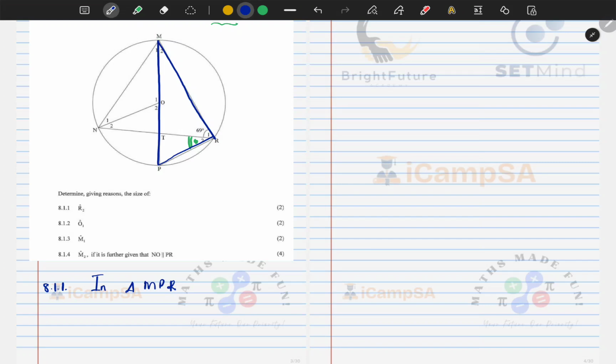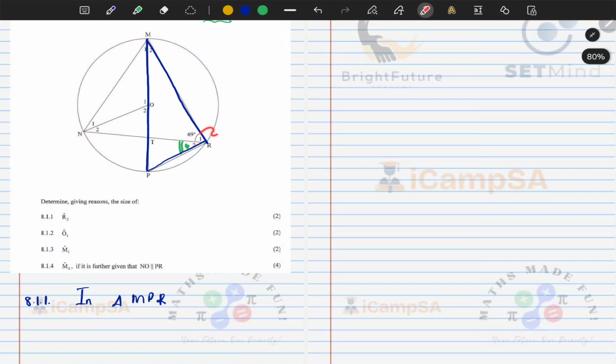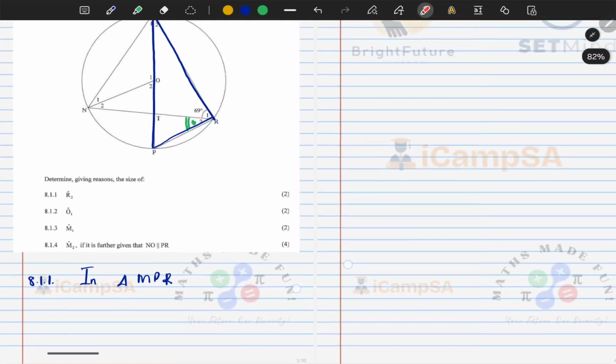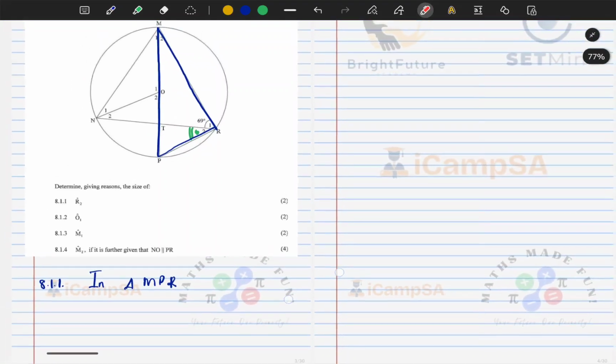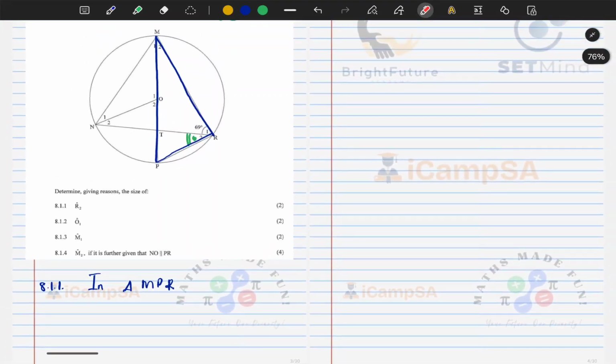If MP is a diameter, that makes this side of the circle a semicircle, and this also becomes a semicircle. And what do we know about angles on a semicircle? This entire angle R is going to give us 90 degrees. Why? Because it's angles on a semicircle.